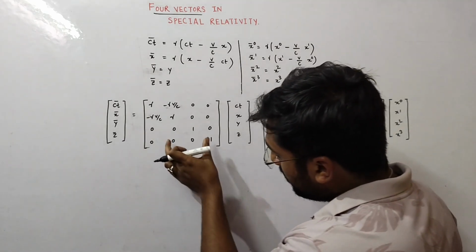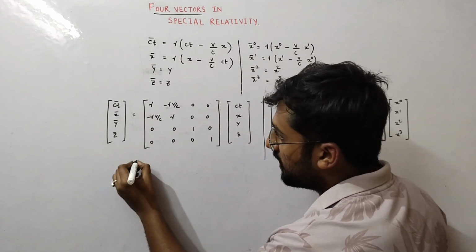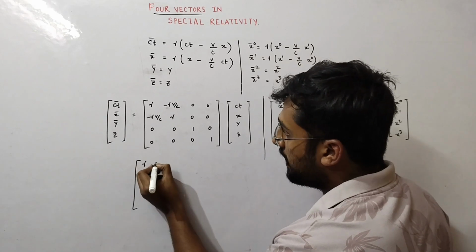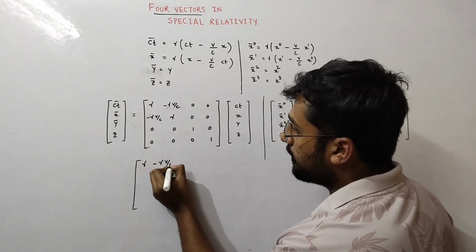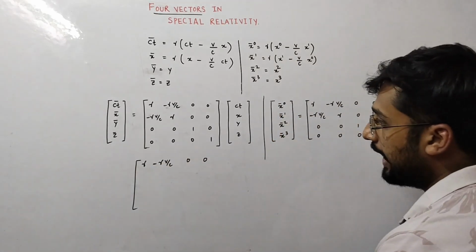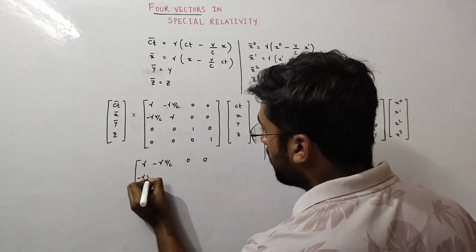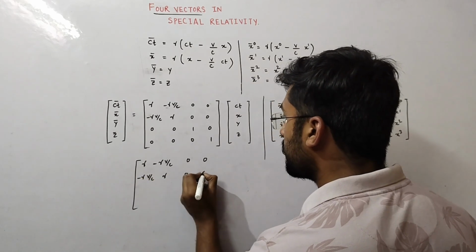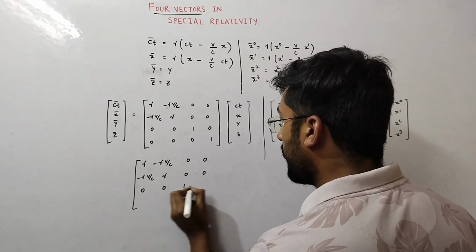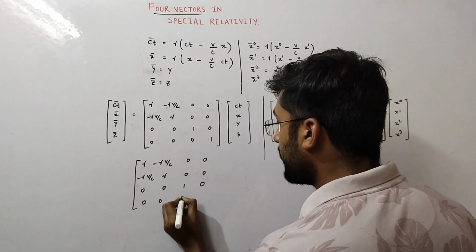Now you see this matrix, as you can see over here, that is gamma, minus gamma v upon c, 0 0, and then minus gamma v upon c, gamma, 0 0, and then 0 0 1 0 and 0 0 0 1.